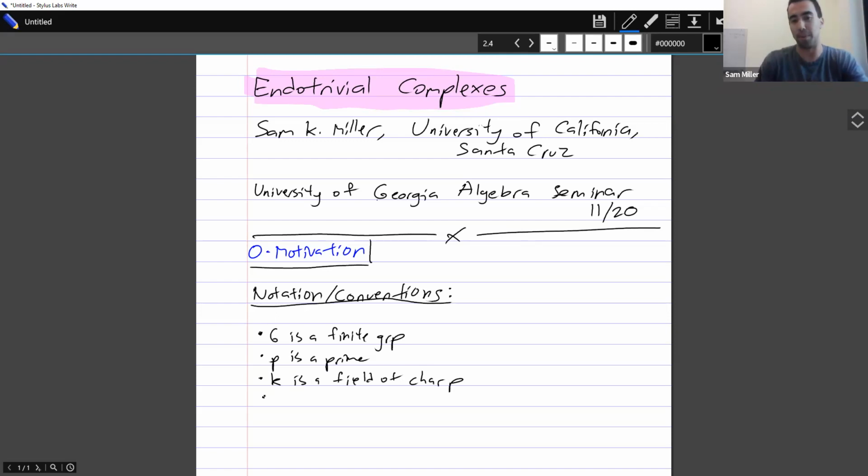We're just taking it to be an arbitrary field of characteristic P. Modules are finitely generated. And another one that is a little less common, chain complexes will be bounded. And a few others.